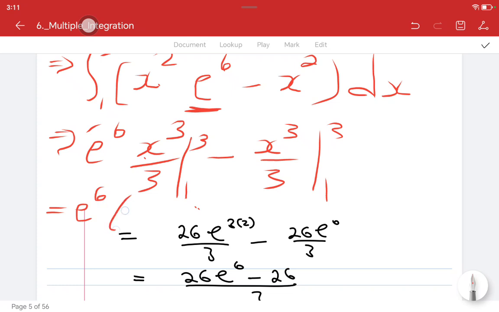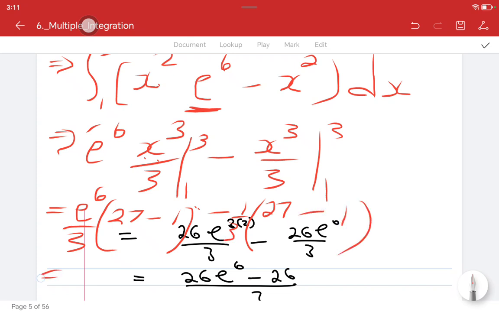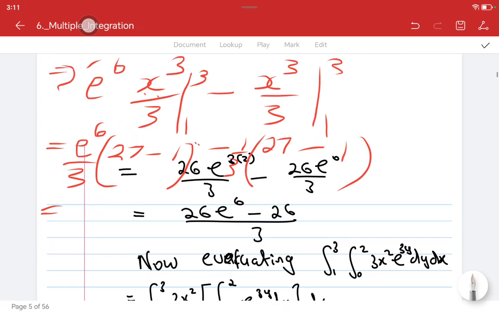It's going to give us 27 over 3 minus, maybe I can even take out 1 over 3 as a constant, right? And then 27 minus 1. 3 to the 3 is going to give us 27, minus 1 to the 3 will give us 1. Minus here, this will be 27, or take out 1 over 3 as a constant, minus 1. And this would be 26, so this will be 26 e to the 6 over 3 minus 26 e to the 3.